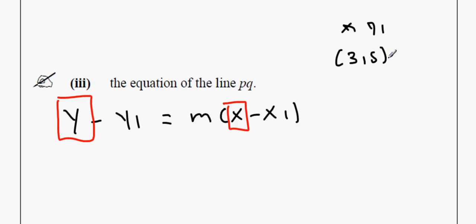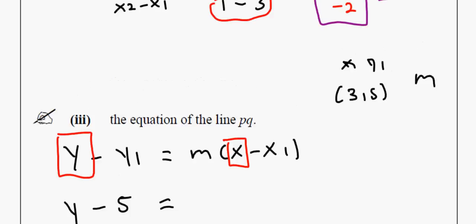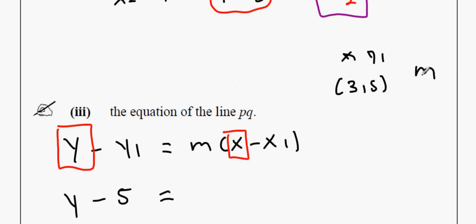So what we're going to get is y minus 5. Now we need the slope we got in the previous question. The slope is 6, m equals 6. That's going to be 6 times x minus x1, which is x minus 3.